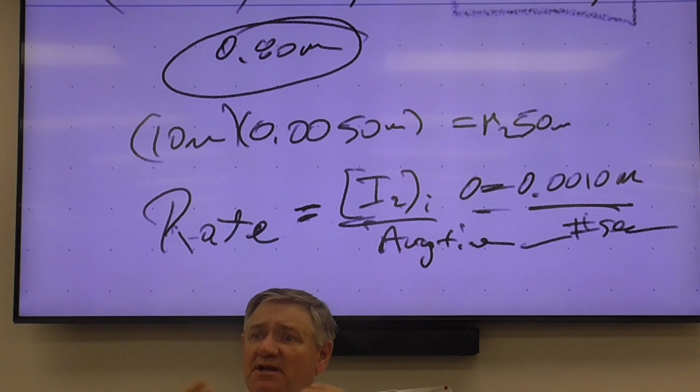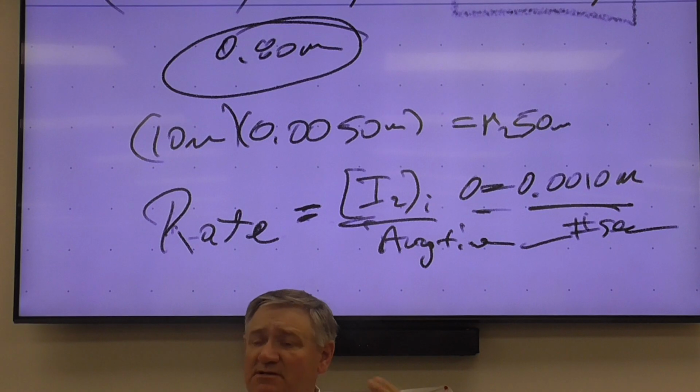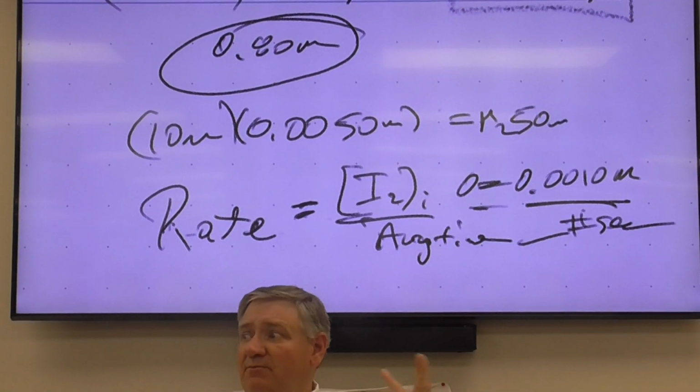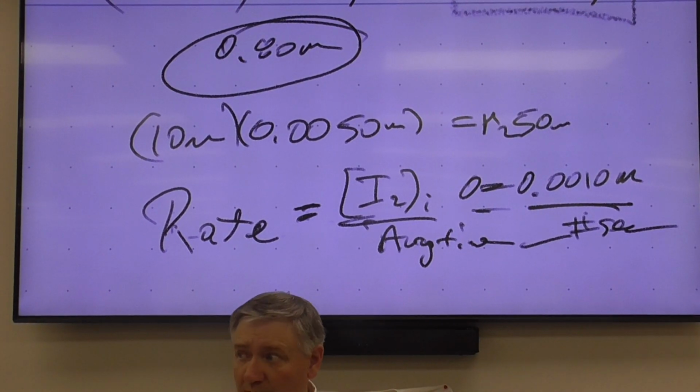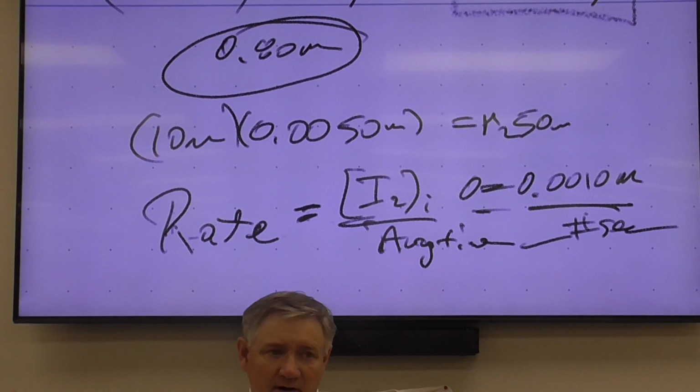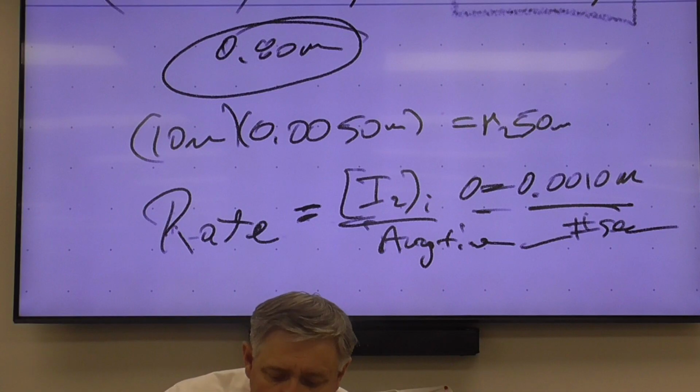Conveniently in this reaction, everything is in a 1-to-1 ratio, so we don't have to worry about stoichiometry. It isn't like we're producing 5 moles of iodine or something like that. In that regard, it's pretty simple because the stoichiometry is simple. That's why we do this.